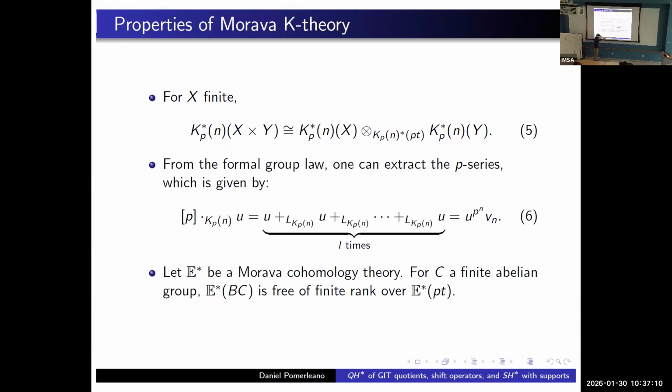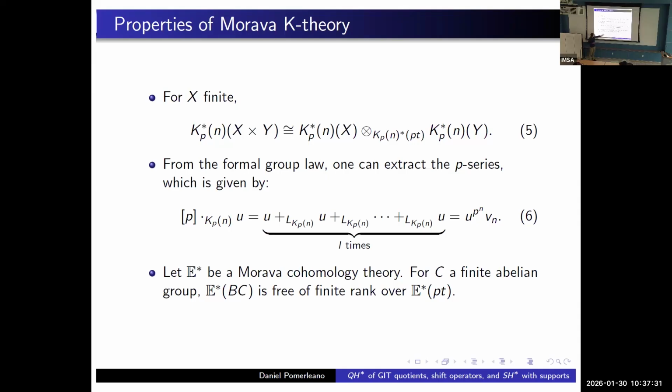If you did this obviously with F over FP, just Eilenberg-MacLane cohomology, your P series is trivial. But here you get something non-trivial, and that's going to be the key point.